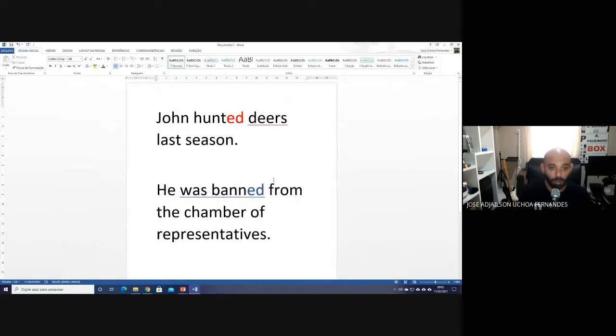Now look at these two sentences, at these two examples. Look at the final ED in hunted. What verb tense is this? John hunted deer last season, and he was banned from the Chamber of Representatives.